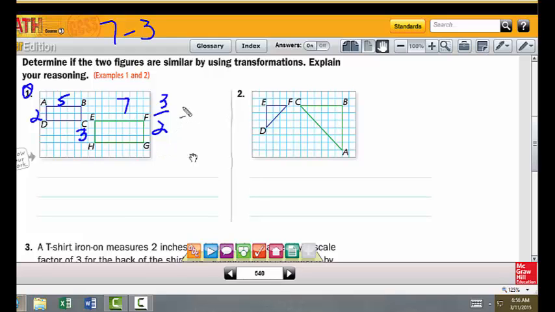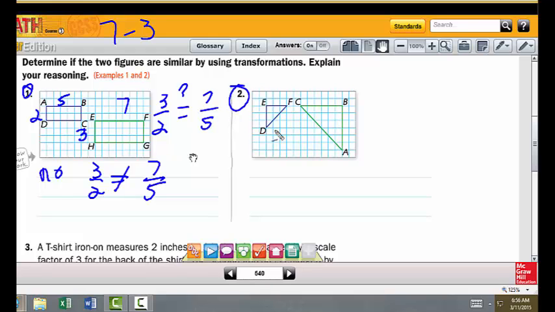So the question is, does 3 over 2 equal 7 over 5? And hopefully you see that this is 1 1/2, and this would be 1 2/5. So they do not equal. So you would say no. And your reasoning would be that 3 over 2 does not equal 7 over 5.